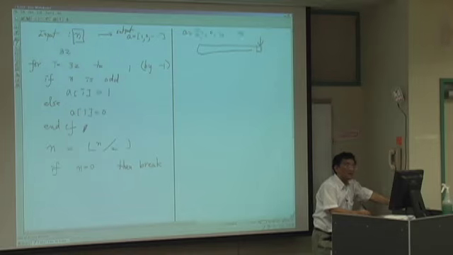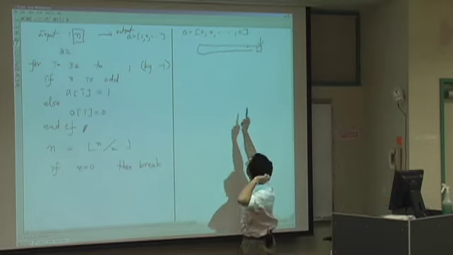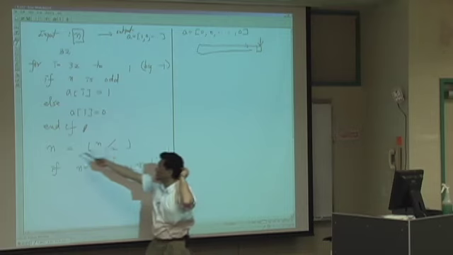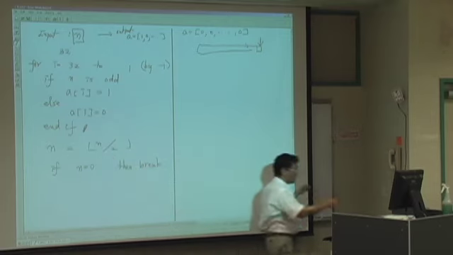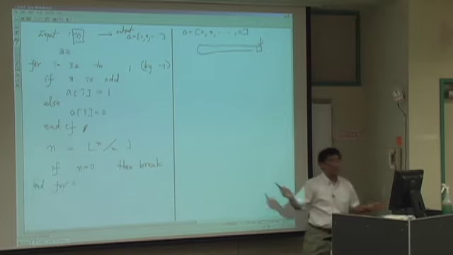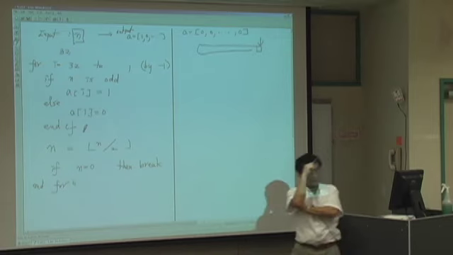This way, if we break, we have zeros. Initially, we have zeros, and then we fill A32 with 1 or 0 and so on. But if somehow this number becomes 0, then we don't have to go any further. And then we do these things, right? So essentially, this converts the number to bits.